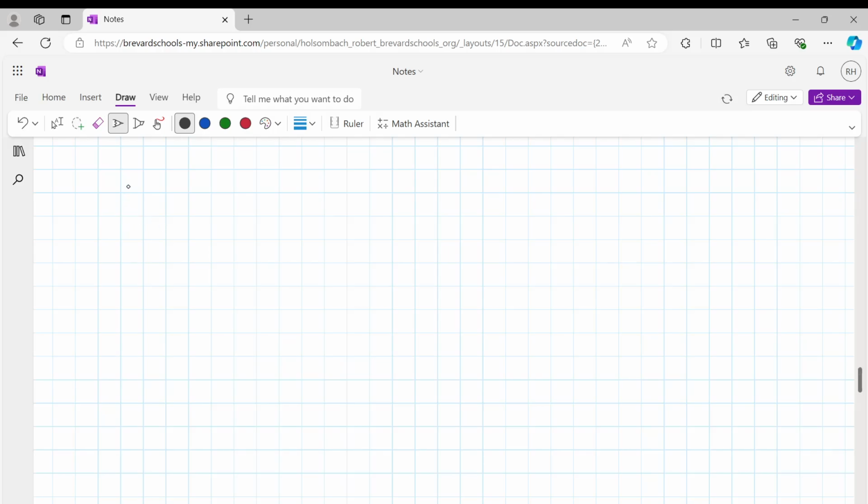All right, so we're going to plot 1 plus 4i, and then we're going to find the absolute value of it. So on the real axis, we go to +1. On the imaginary axis, +4i. So 1, 2, 3, 4. Here's our point, 1 plus 4i.